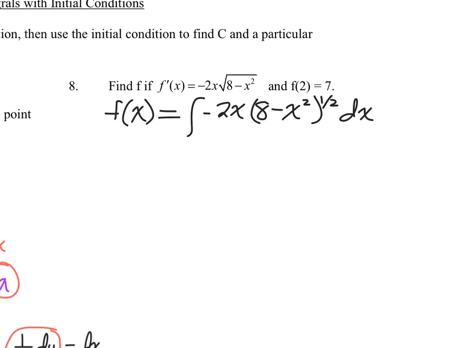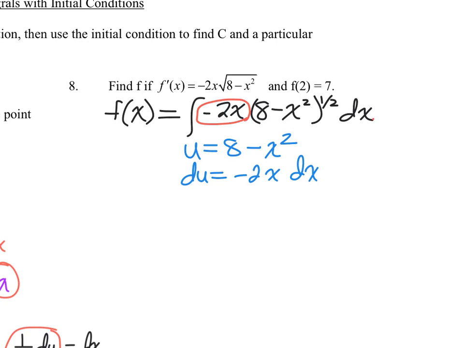The inner function here, 8 minus x squared, is a very nice inner function, because its derivative is the coefficient function, the negative 2x. So I would want u to be equal to 8 minus x squared, making du equal to negative 2x dx. And so that would be a clean substitution. We'd be looking at u to the 1/2 du.